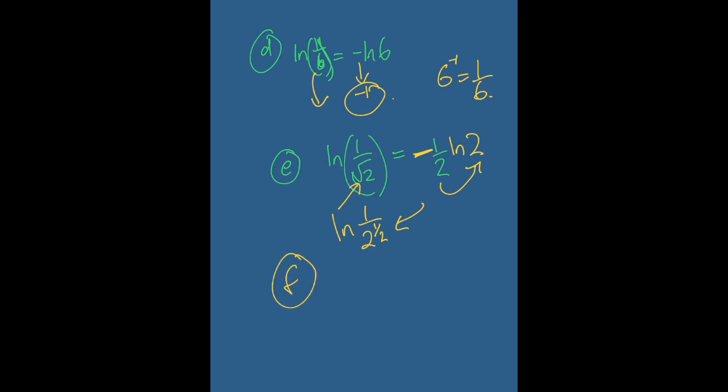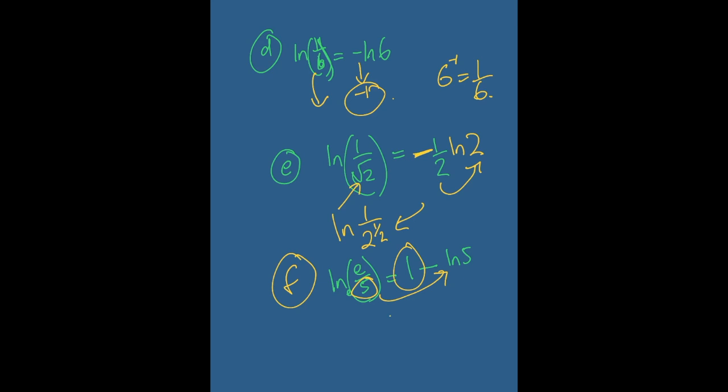F is an interesting one because we're using the natural log, which we know is base e, of e over 5. And why is it 1 minus natural log of 5? Well, we know that the minus comes from the fact that it's an inverse, but where does the 1 come from?